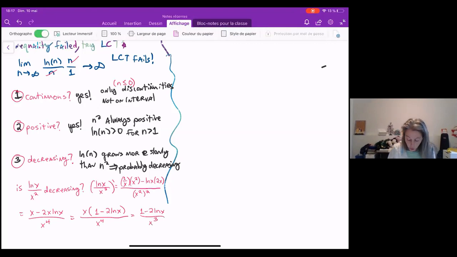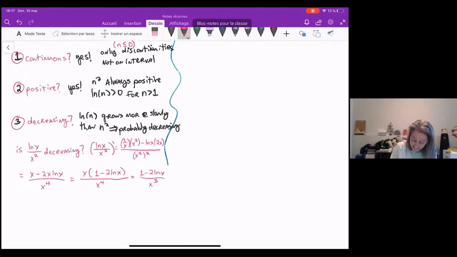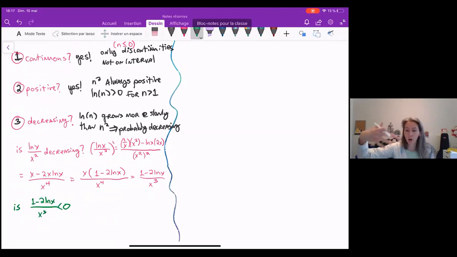Okay, so now the question is, is this thing right here less than 0? Well, that x cubed doesn't matter because we're really only looking at positive x values. It's kind of like our n starts at 1, so our x also starts at 1.